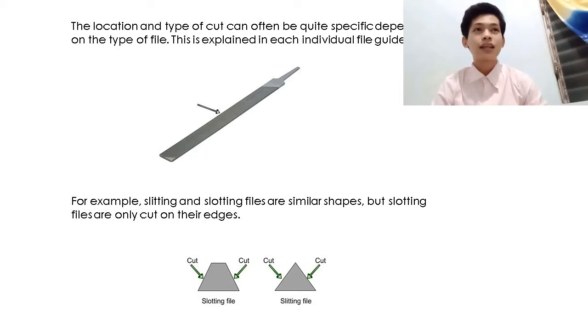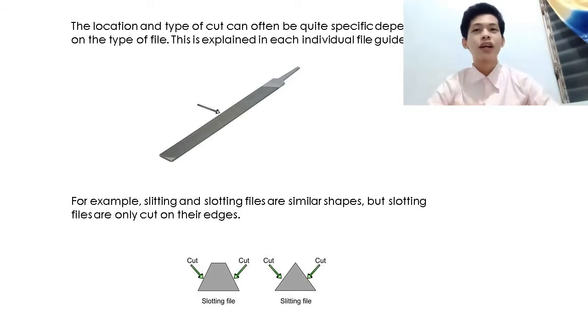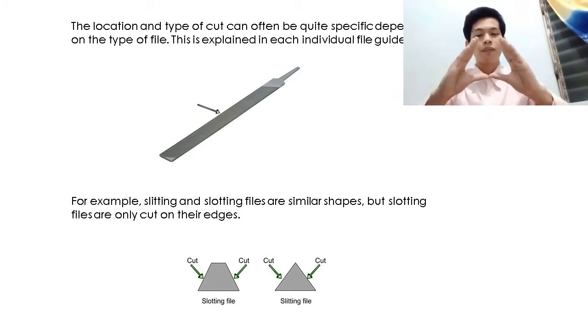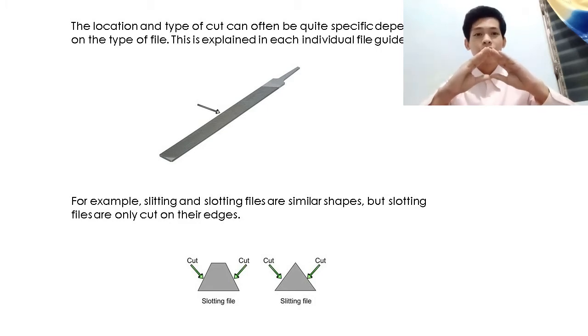The seating file, as you can see, can be cut triangular. However, the slotting file you can cut in this shape, like a rhombus-shaped file. So that's the difference: it can be this, the seating file, or like this, the slotting file.